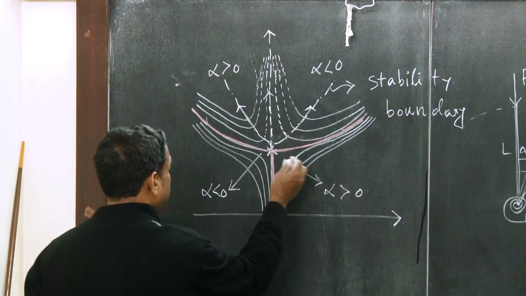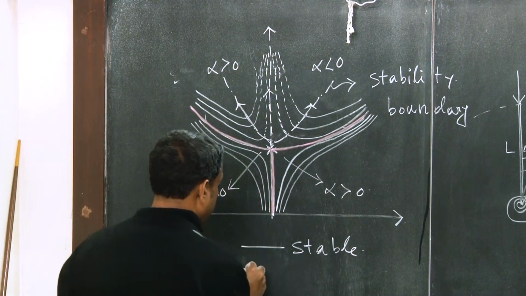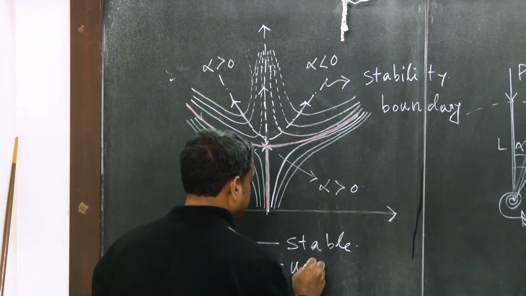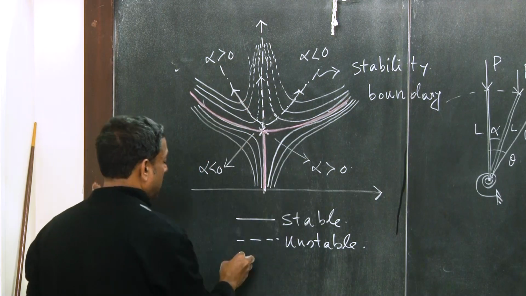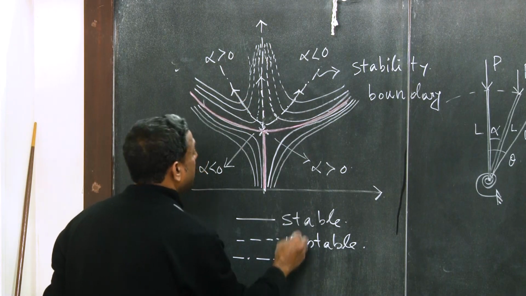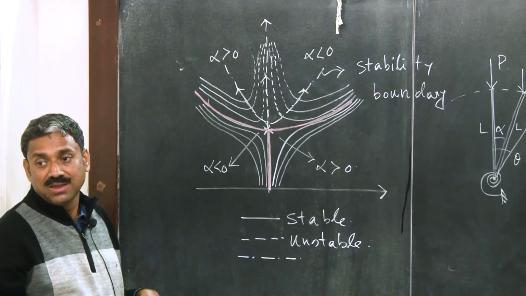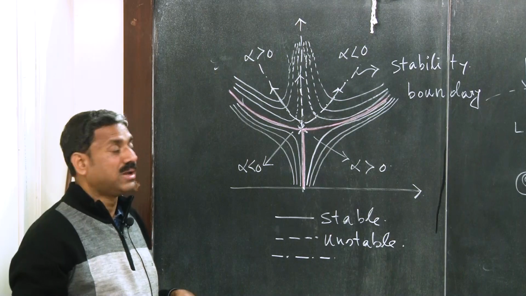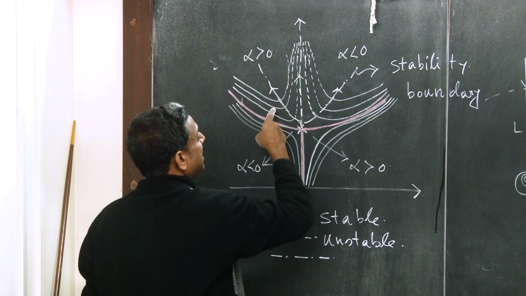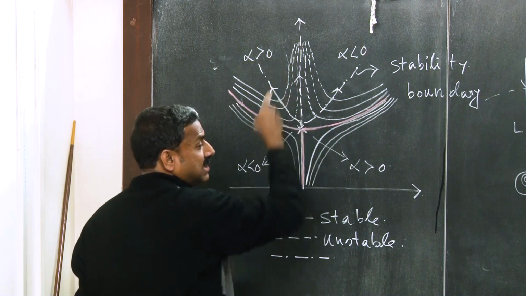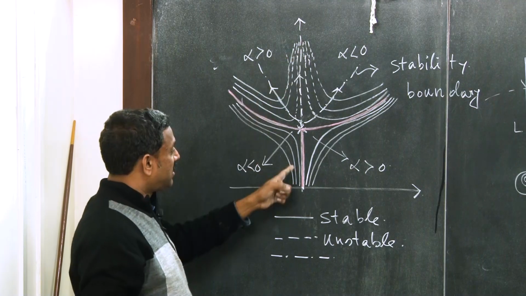All the solid lines are stable, all the broken lines are unstable, and this particular one is the stability boundary, because this basically defines the stable and unstable boundary. That's what you see, I have a broken line here, and here also this limb of the equilibrium path asymptotically approaches the theta fundamental path.